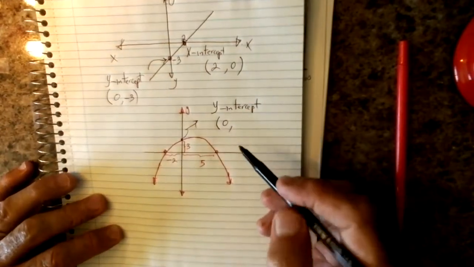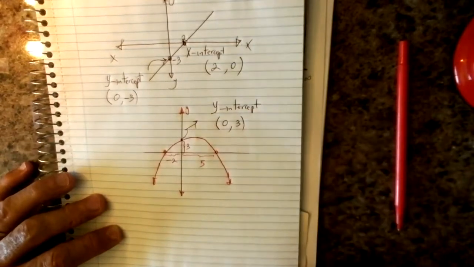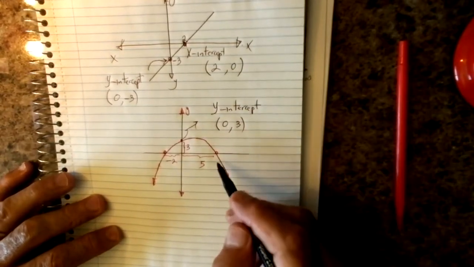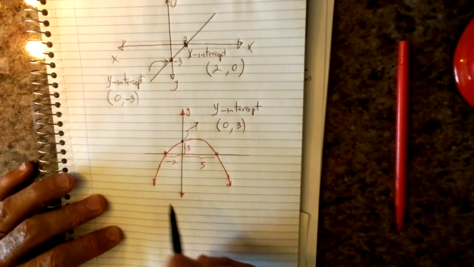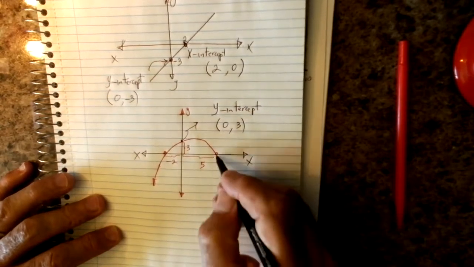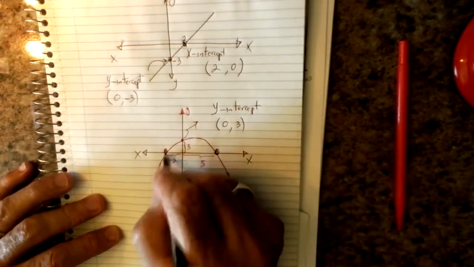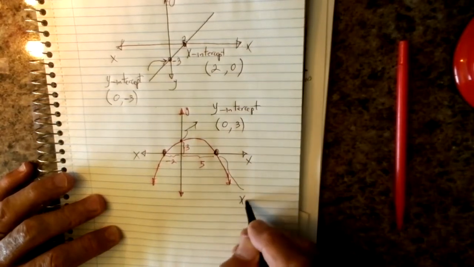What's the value of y? From here to here is 3, +3. My parabola, or my graph, also hits the x-axis at 2 points. These 2 points, they call the x-intercepts.